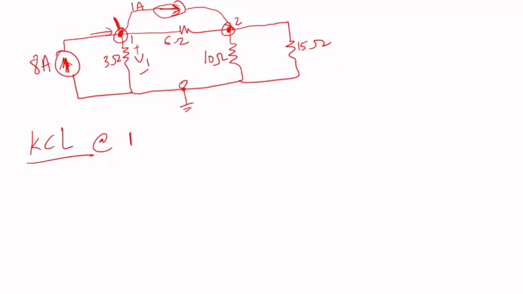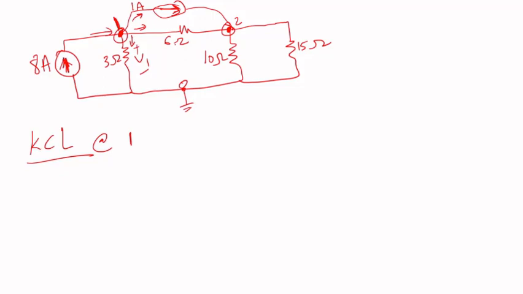This is just arbitrary, unless it's a source, then I show the actual direction. It's just an arbitrary choice, you don't have to do it this way. You just have to be consistent. Current going in has to be opposite from current going out or away from the junction or the node.